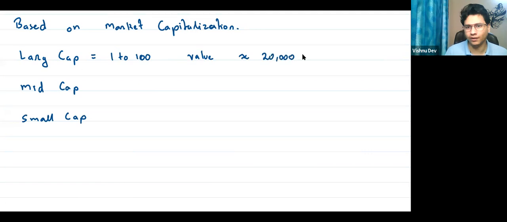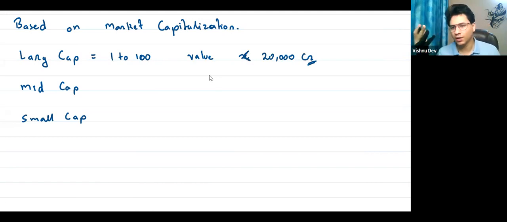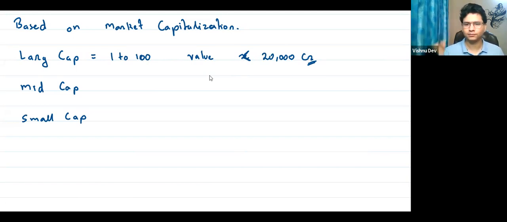For example, your Reliance, HDFC, SBI are all large cap companies. JSW is also a large cap company. I will show you.